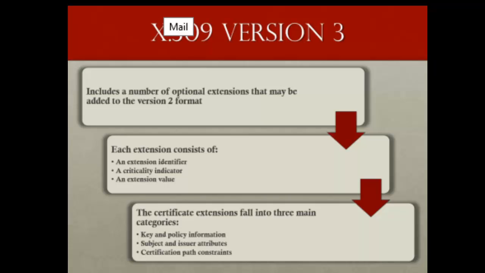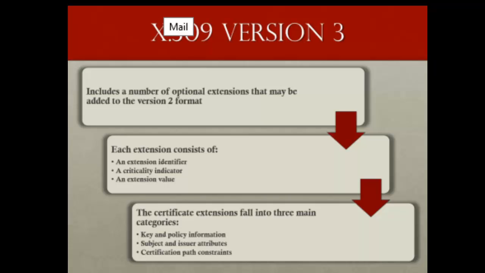Each of these extensions consists of an extension identifier, a criticality indicator, and an extension value. The criticality indicator indicates whether an extension can be safely ignored. If it has the value of true and an implementation does not recognize the extension, it must treat the certificate as invalid.